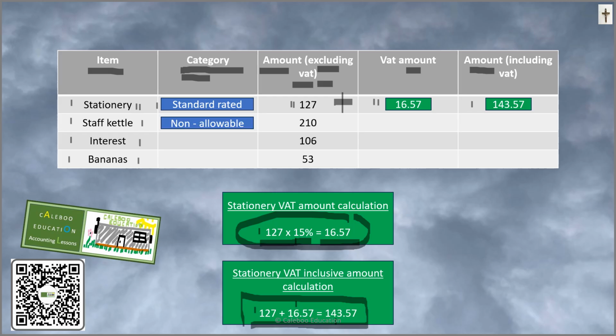So staff kettle, we've learnt anything for the staff is non-allowable. Now, very important. If something is exempt, non-allowable, or zero rated, the amount of VAT is zero.